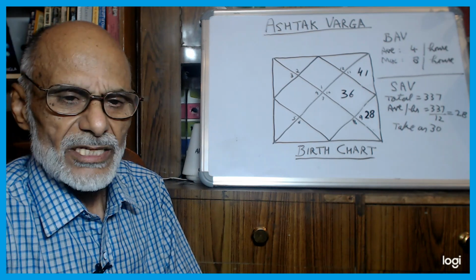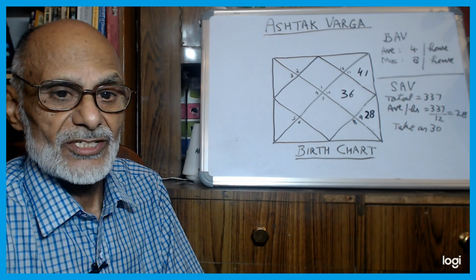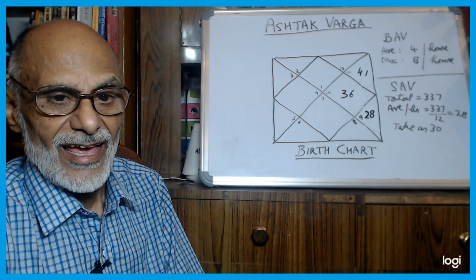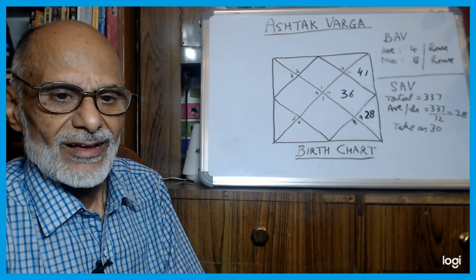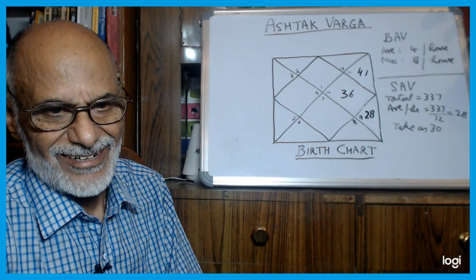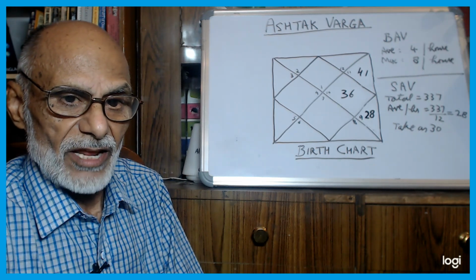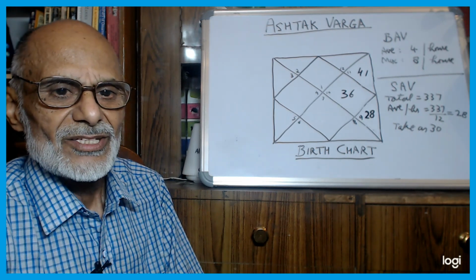The maximum points for a planet can be 8, so the average comes to 4 points. And in this scheme, Rahu and Ketu are not included. So the average point for a planet in a house is 4 points.